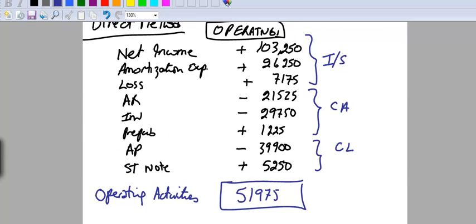So I'm hoping that my addition's right, because this is my operating activities, and it's the sum of all the working capital, which is current assets and liabilities, my net income, and reconciling items.